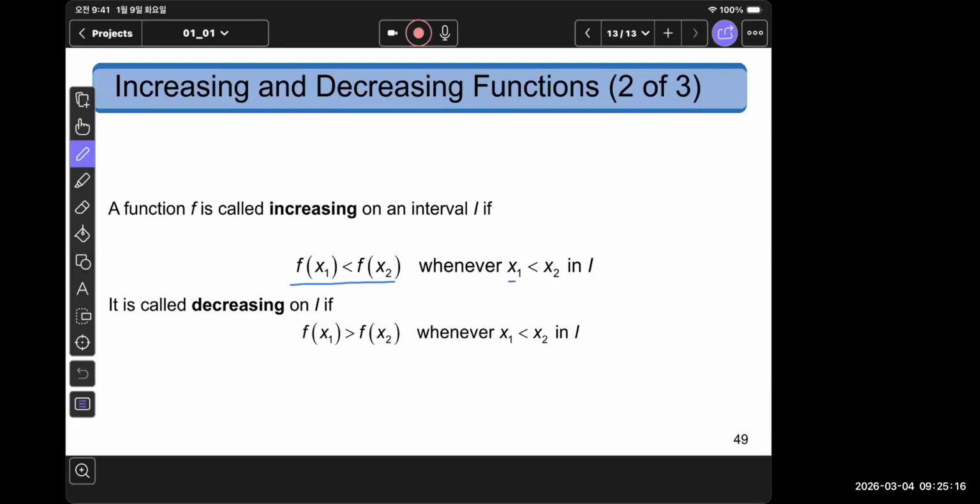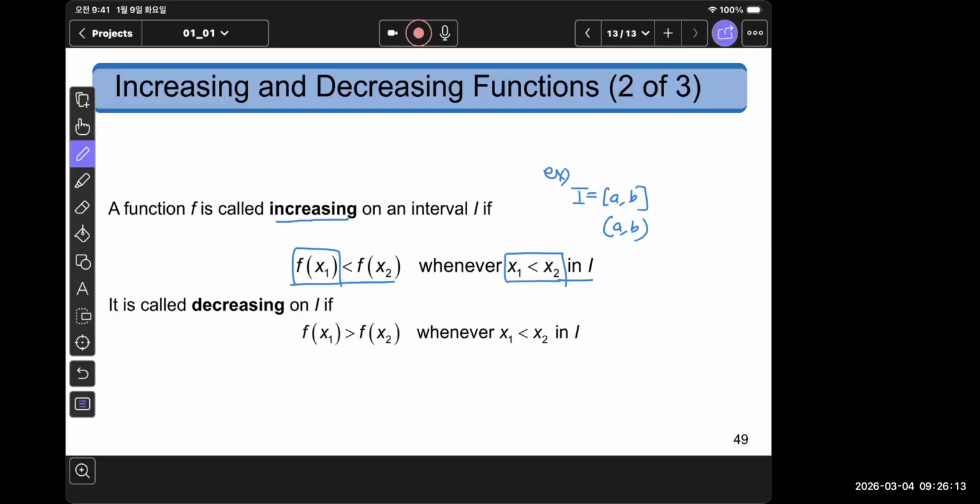Whenever you consider two values in the domain, in some interval, when you choose two values, say x1 and x2, and whenever x1 is less than x2, if the value of f at x1 is less than the value of f at x2, in that case, the function is said to be an increasing function.